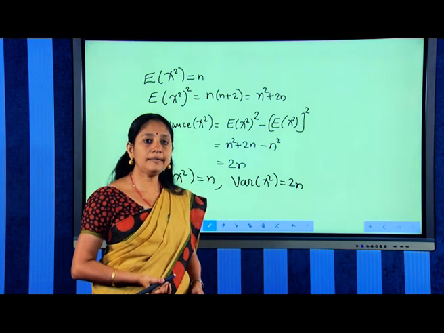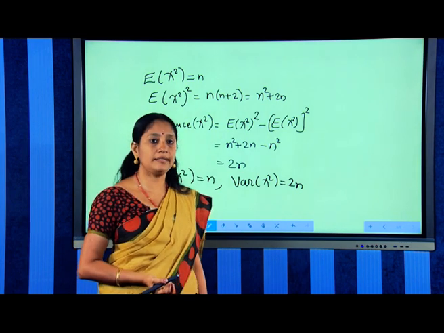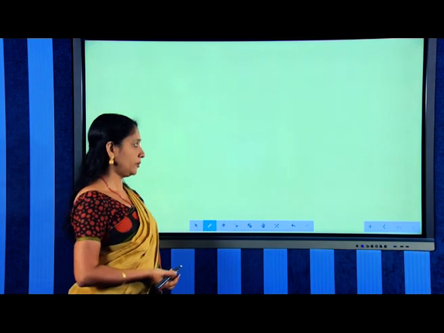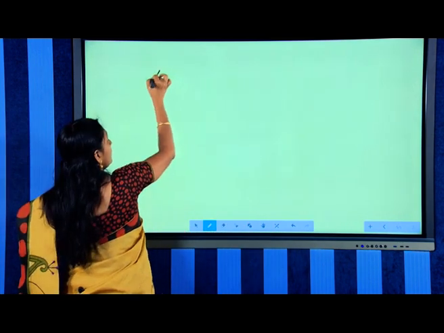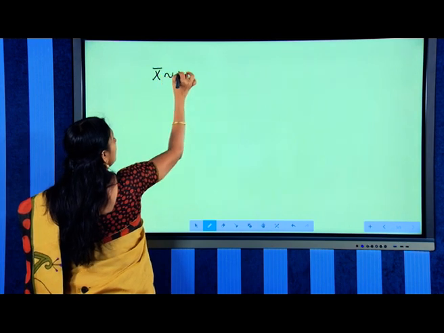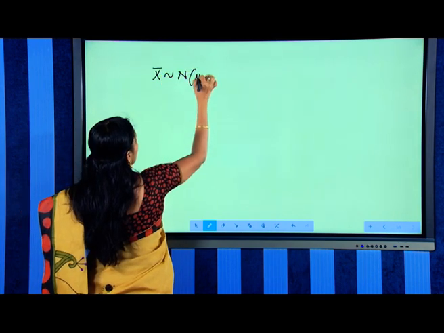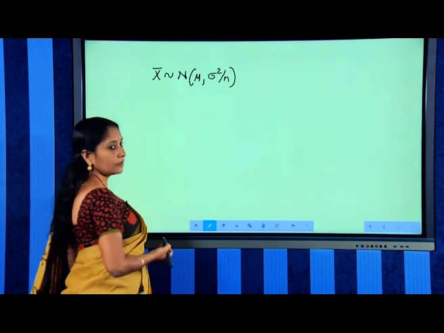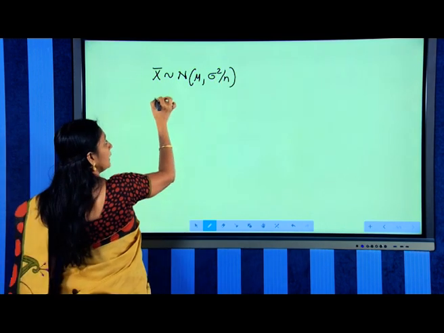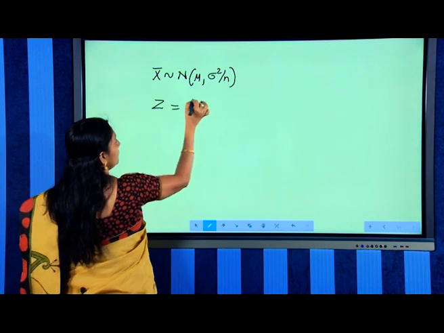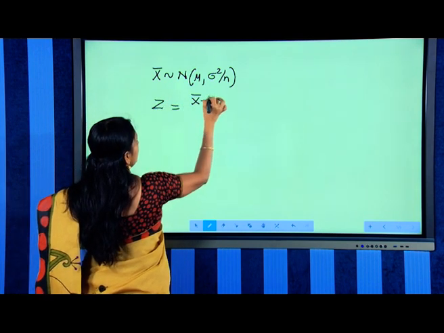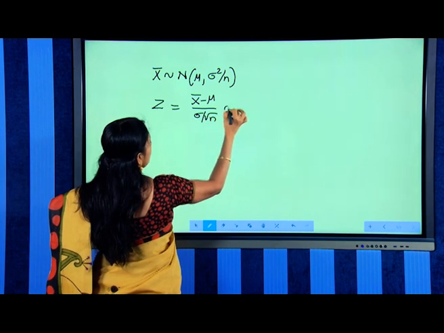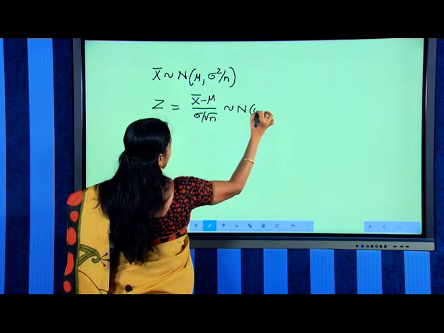Now, let us consider another statistic which follows chi-square distribution. We know that the sample mean x bar follows normal with mean mu and variance sigma square by n. Consider our usual transformation z is equal to x bar minus mu by sigma by root n, and this follows N(0,1).